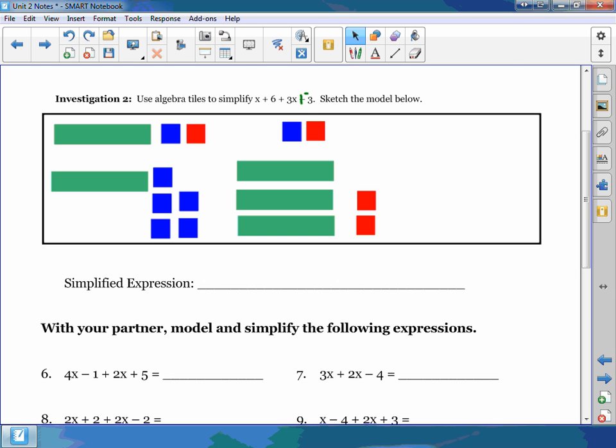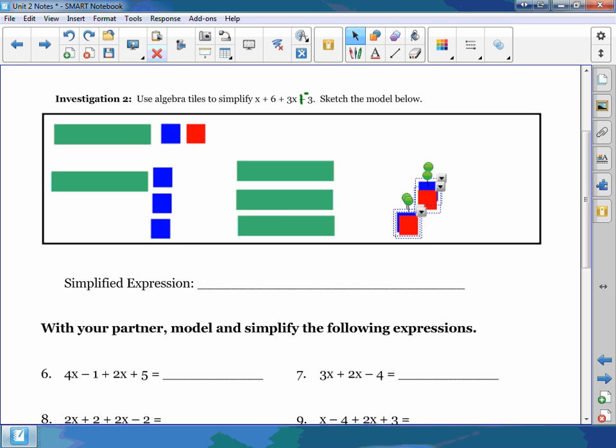Positive 1 plus a negative 1 is 0. So this zero pair right here goes away, as would this zero pair here and 1 more here. So these things all cancel each other out, and you're left with this expression right here, which is 4x, 4 x's, and a positive 3.